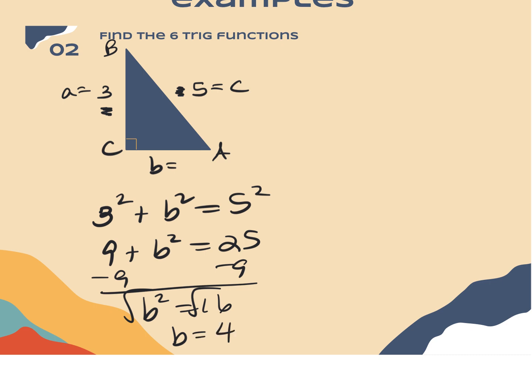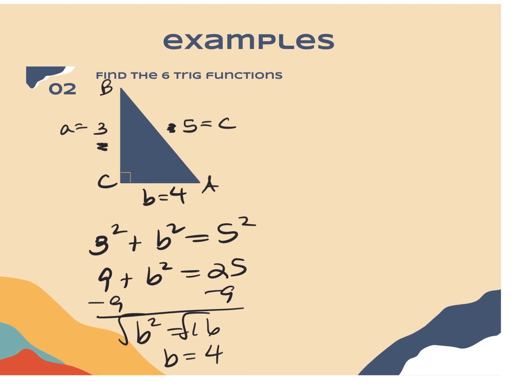So now that I have all of my sides labeled, let's say we wanted to do the angles in reference to angle B this time. Again, it can be either acute angle, but they're going to specify which angle they want you to write the 6 trig functions for.